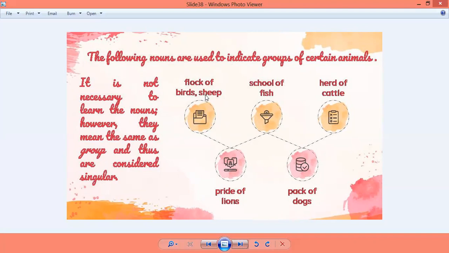Flock is a collective noun for animals. अभी तक हमने जितने देखे थे, committee, organization, family, that is all used for human beings. और here the collective noun is used for animals, पर उसका usage same ही है. Ultimately तो है collective noun, इसीलिए it is always going to be followed by a singular verb. जैसे कि flock of birds, flock of sheep, school of fish, herd of cattle, pride of lions, pack of dogs. I hope this is clear.